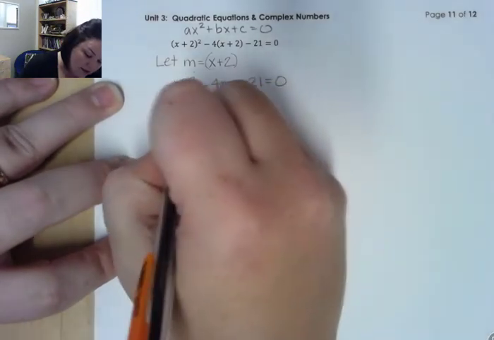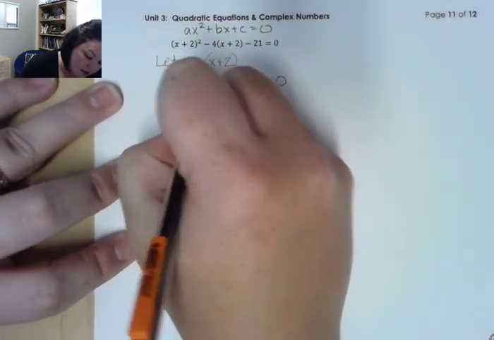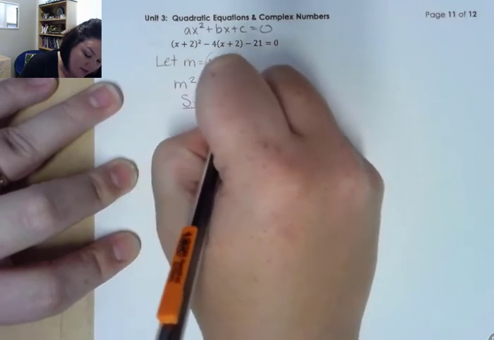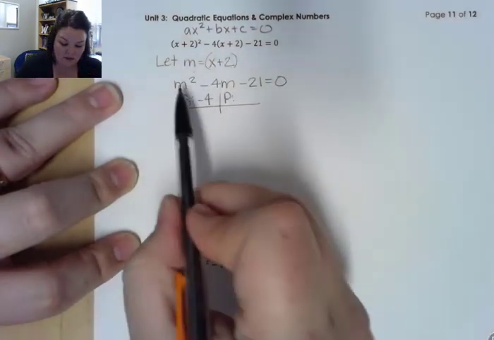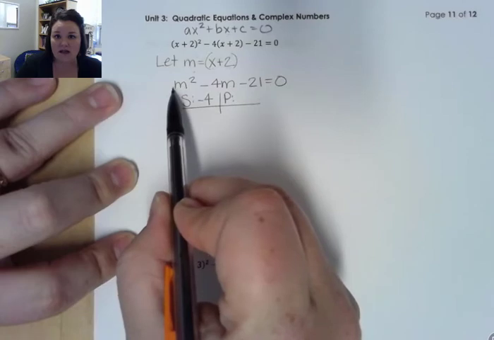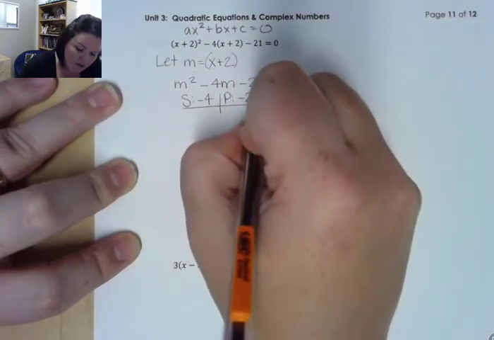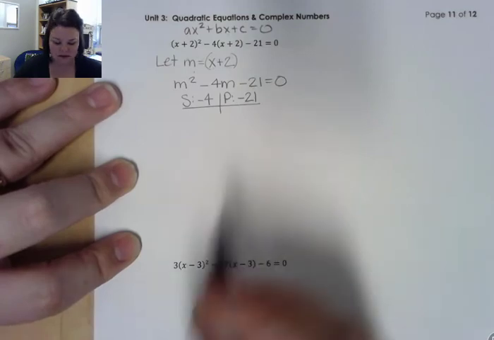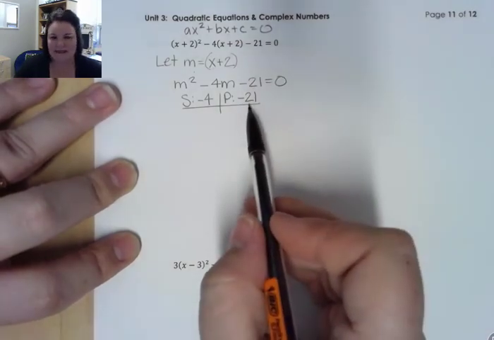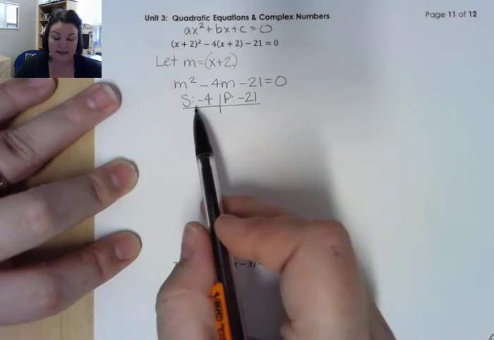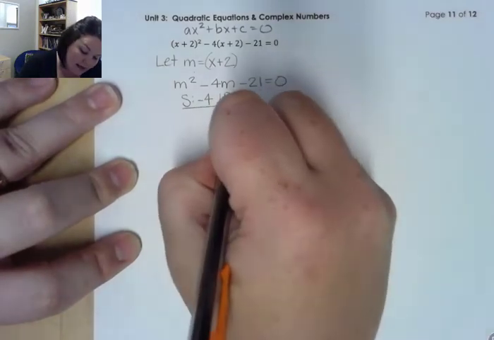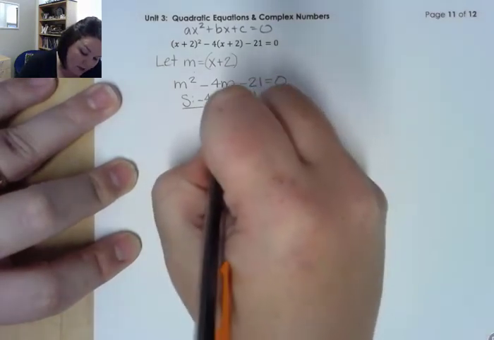Okay, so I'm going to go ahead and do my sum product chart. My sum would be a -4, and my product would be my leading coefficient, which is 1, times my last coefficient, -21. So -21 would be my product. So something that multiplies to -21 that I can combine to get -4 would be -7 and +3, right?